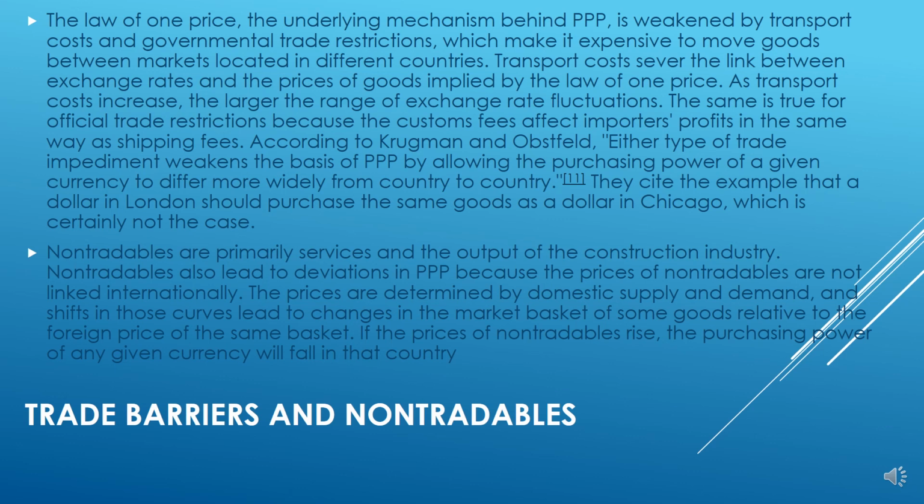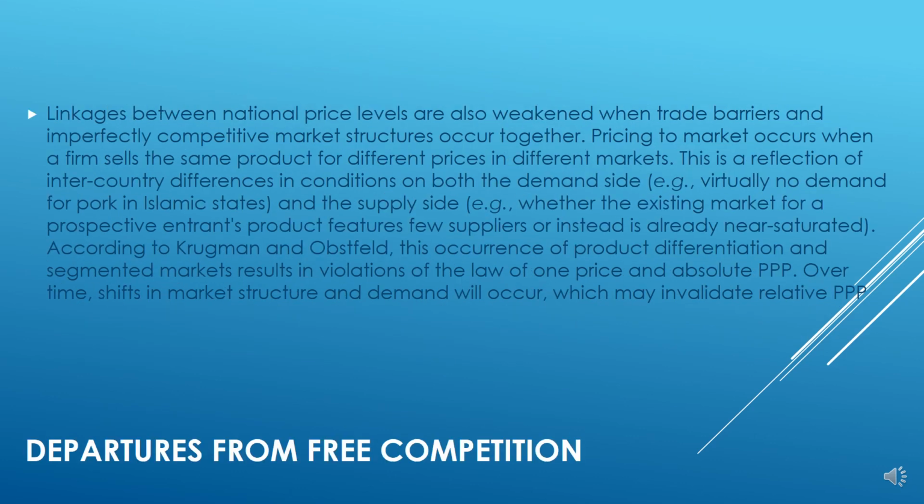The linkages between national price levels are also weakened when trade barriers and imperfectly competitive market structures occur together. Pricing to market occurs when a firm sells the same product for different prices in different markets. This is a reflection of inter-country differences in conditions on both the demand side and supply side.